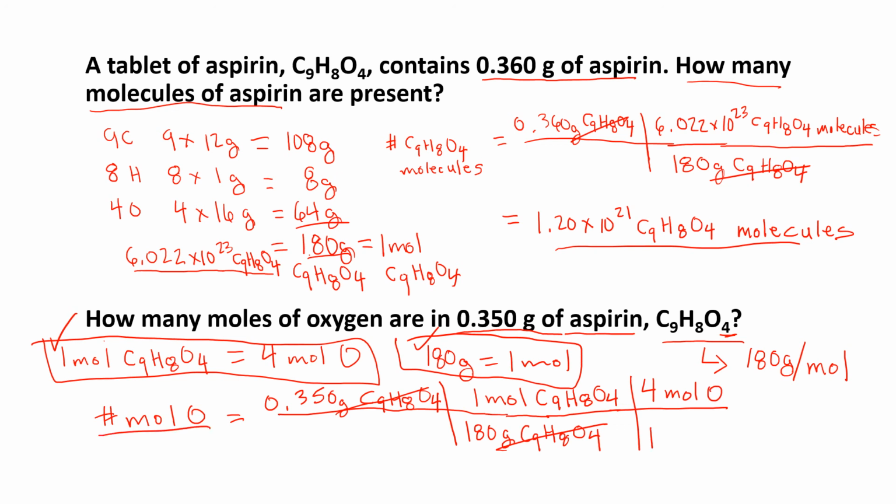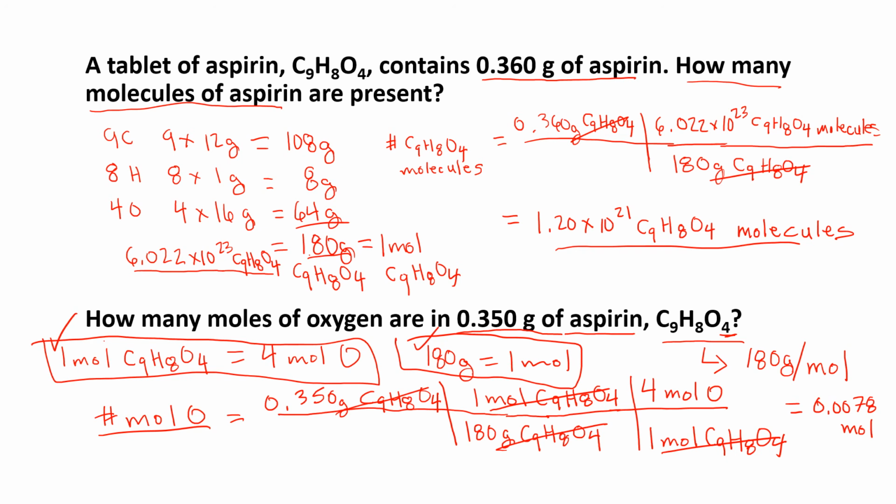And I'll put 1 mole of C9H8O4 on the bottom, so that moles of C9H8O4 cancels. And so when I carry this calculation out, I get 0.0078 moles.